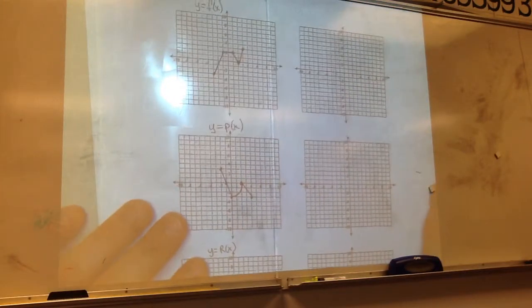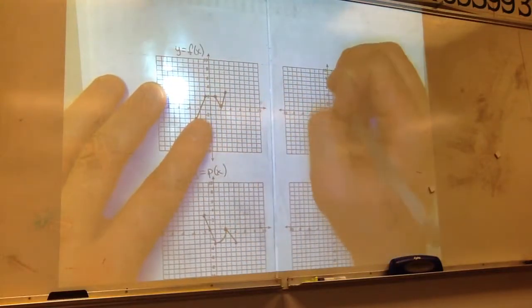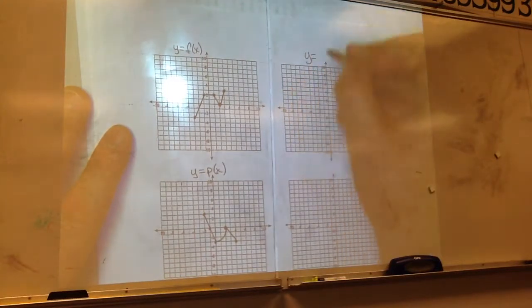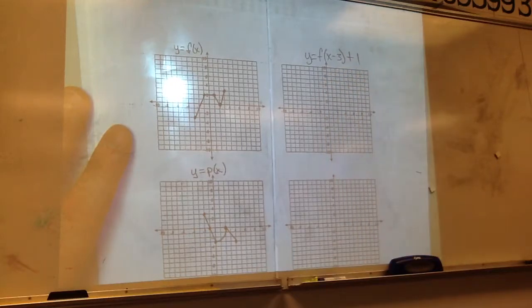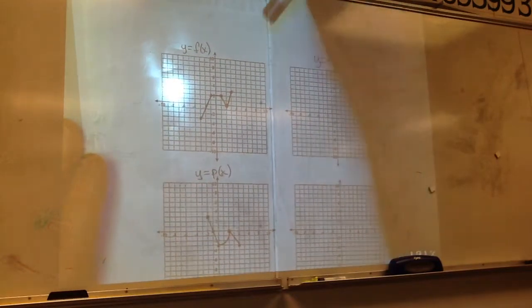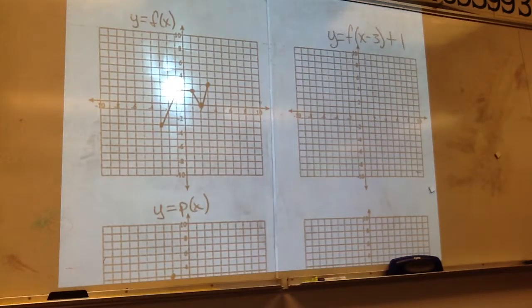So, like this one. Here's y equals f of x. We're going to graph, and this is the first time I've ever seen it written like this, f of x minus 3 plus 1. So that one's probably pretty easy. Because the y-intercept's 1.